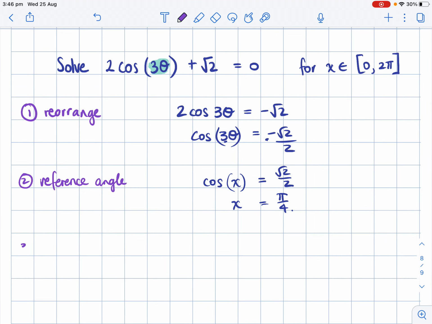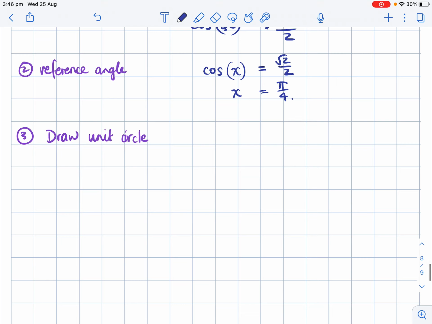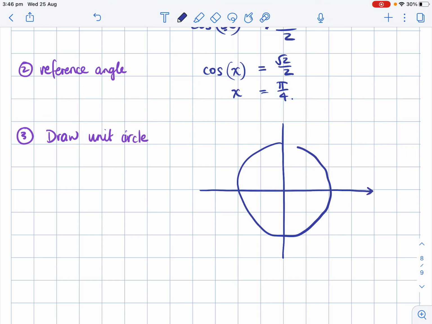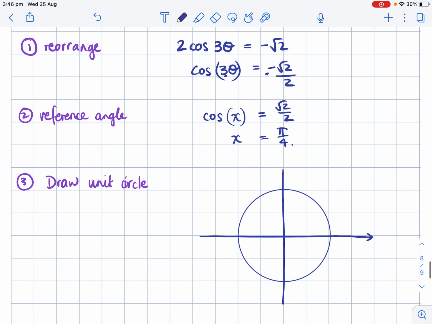Okay, step 3. Draw the unit circle. This is where I identify where my solutions are going to be in the unit circle. So here's my unit circle, and it is a cos value. Now we are trying to work with this problem up here.